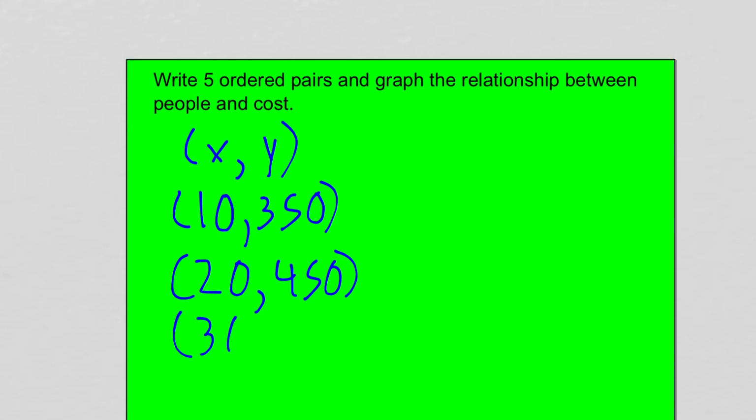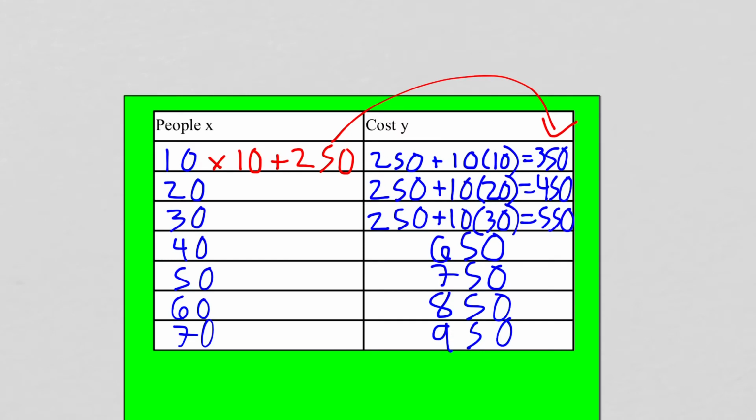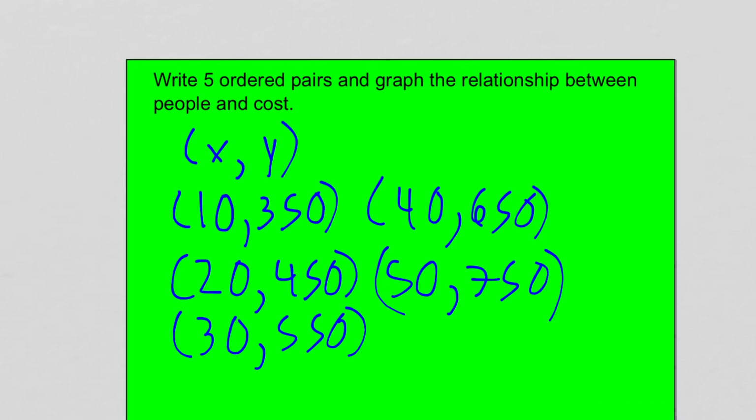And 30 people, $550. And 40 people, $650. And 50 people, $750. And I'll just double check that. Yeah, looks good. So there's our points.